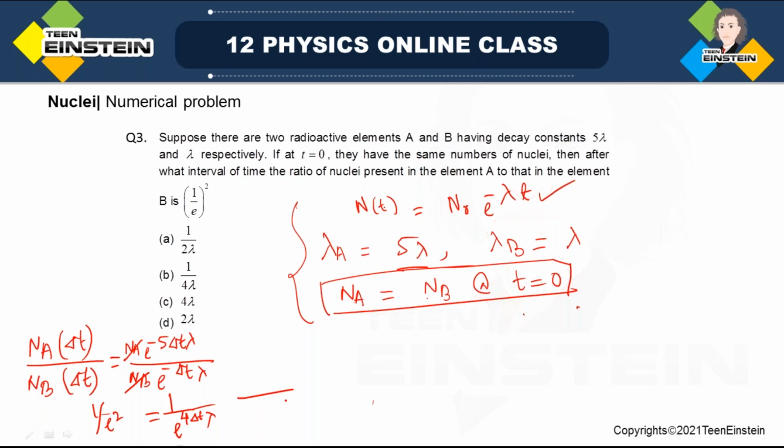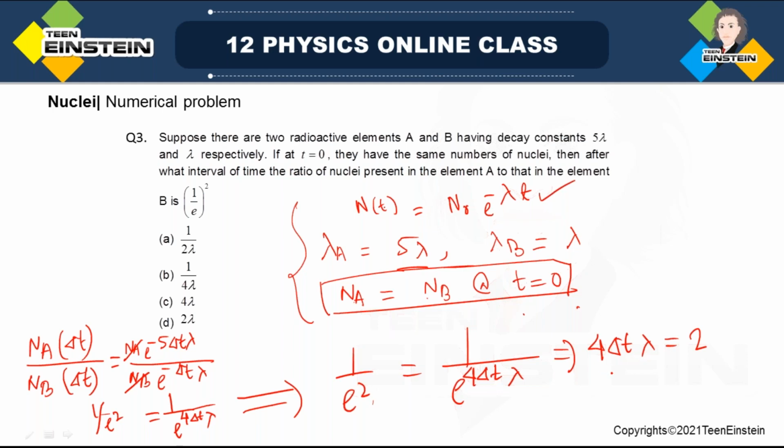So look, I have got 1 by e square is equal to 1 by e to the power 4 delta t into lambda. Now if you compare the power, I can write 4 delta t into lambda is equal to 2.